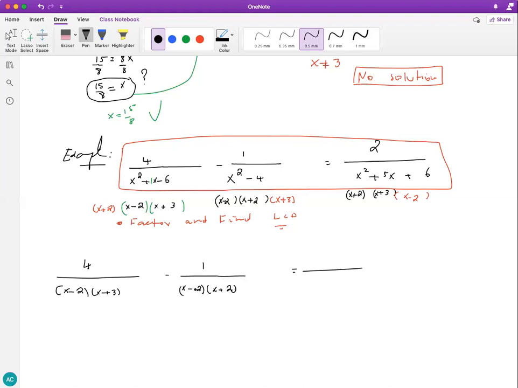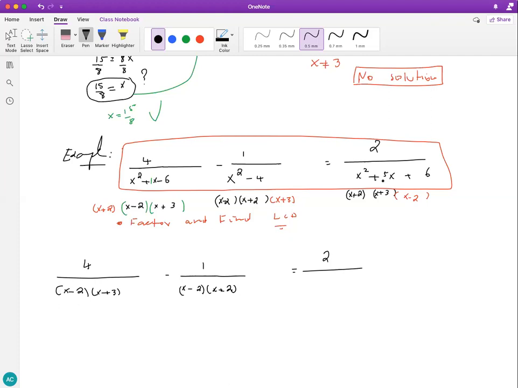These are x minus 2, x plus 2. x minus 2, x plus. Okay, I'm just rewriting this equation first, and then I'll multiply it by the LCD. We have 2 here. And again, I'm going to use this factored form here.